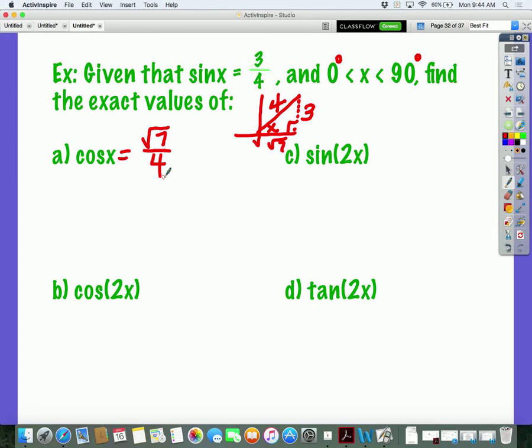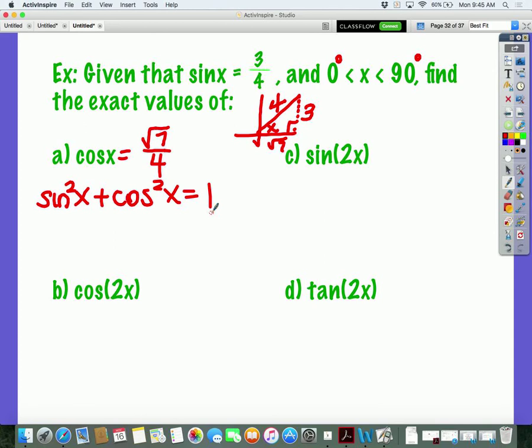You can also use your identities to figure this out as well. Of all the identities that we've seen today, your Pythagorean identity would be the most helpful to figure this one out.